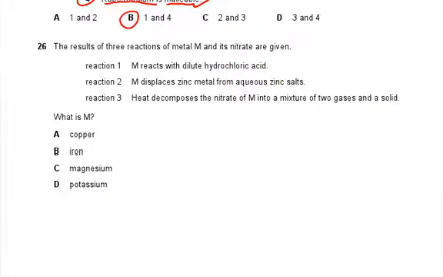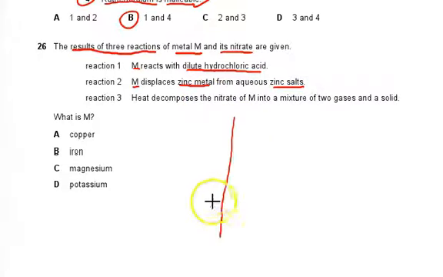Okay, for number 26, the results of 3 reactions of metal M and its nitrate are given. M reacts with dilute hydrochloric acid. M displaces zinc metal from aqueous zinc salt, which means in the reactivity series, M is located above zinc.